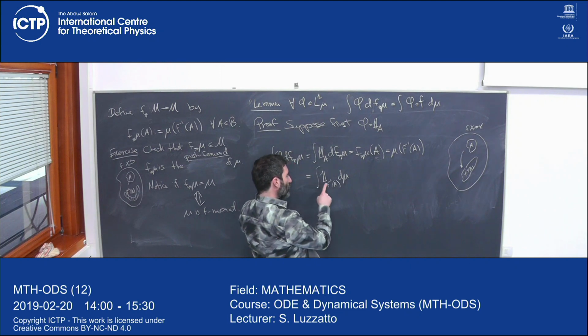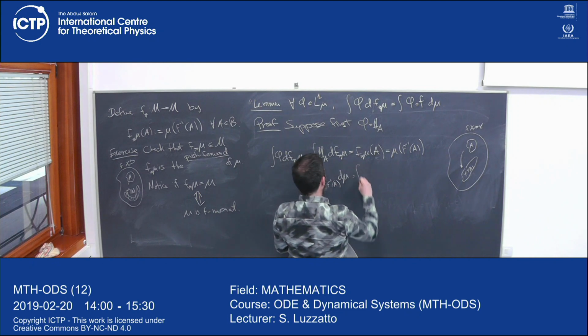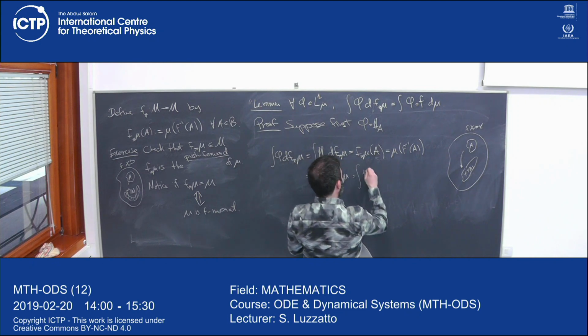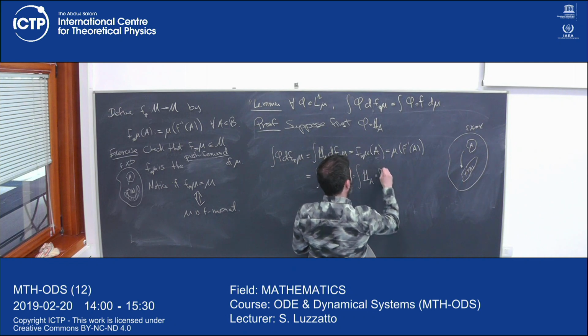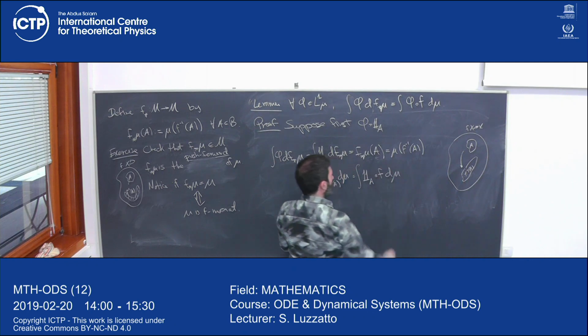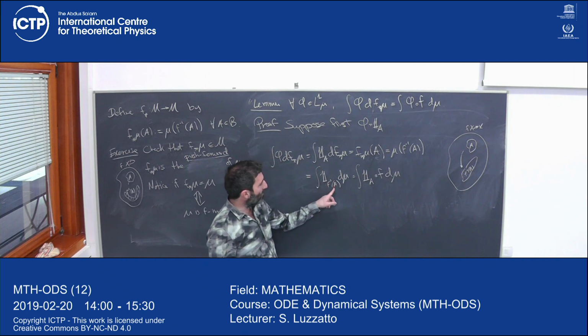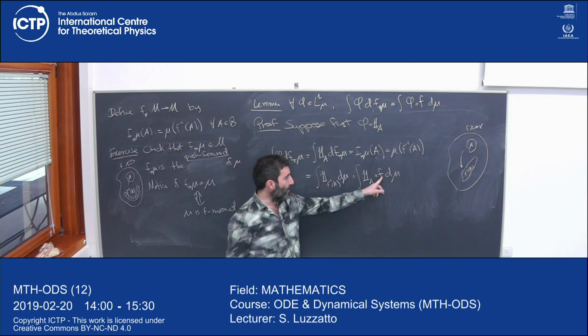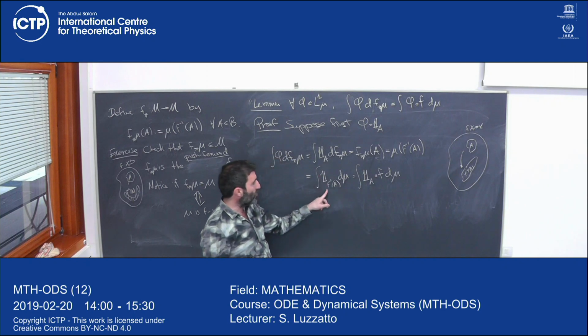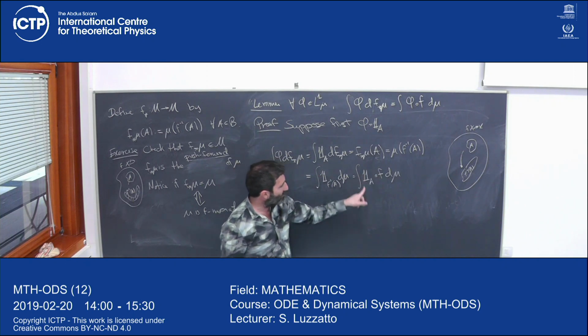Okay? And what is the characteristic function of f minus 1 of A? This takes value 1 for every point whose image is in A. So this is exactly equal to the characteristic function of A composed with f d mu. Right? Because if a point belongs to f minus 1 of A, it means its image belongs to A. So this function here is 1 exactly when this function here is 1.